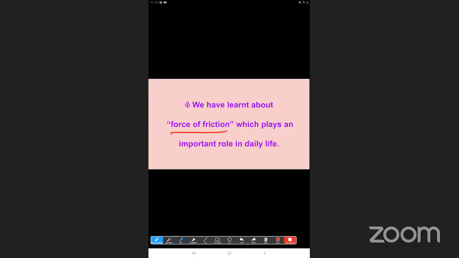We already know about force of friction, which plays an important role in daily life. This force of friction we learned in the chapter on force. There we learned that friction plays an important role in our daily life.